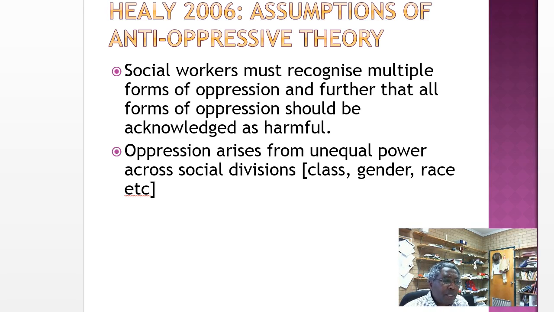She also argues that oppression arises from unequal power across social divisions. So those who have the power oppress those without power. Those who are privileged oppress those who don't have or don't share in the privilege.